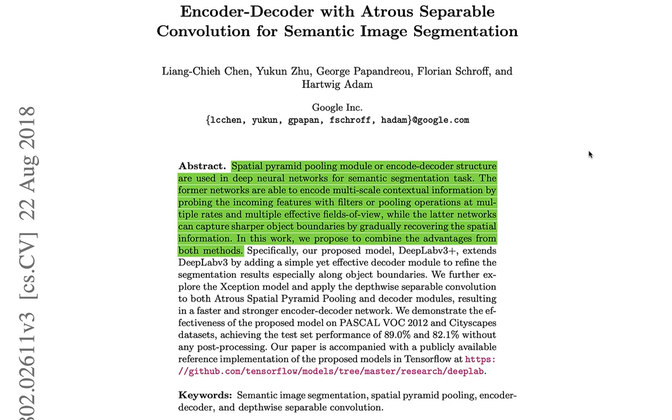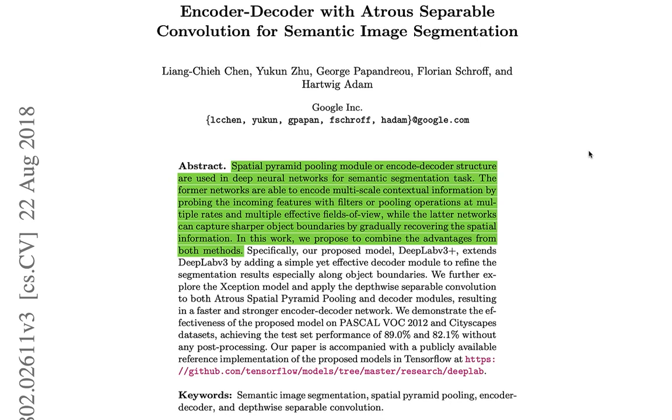The second most important architecture is the encoder-decoder, and I guess if you ever read semantic image segmentation papers, you have definitely come across these architectures. The encoder-decoder is composed of two main modules, the encoder and the decoder.